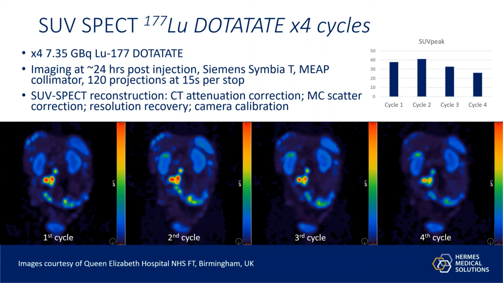We can see that the SUV SPECT reconstruction with all of the corrections was applied. We're able here then to set the same scale, up to 30 SUV. And then you get a nice visual comparison, knowing that you're comparing like for like between these different cycles of therapy to see any progress.